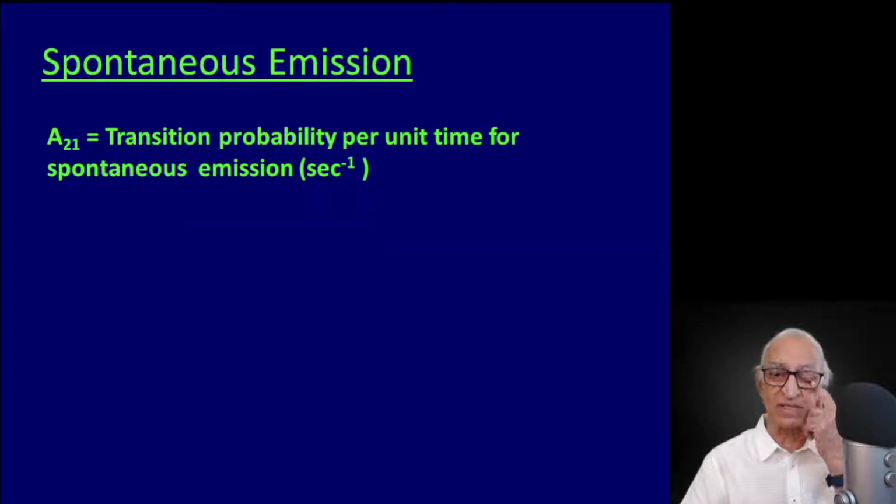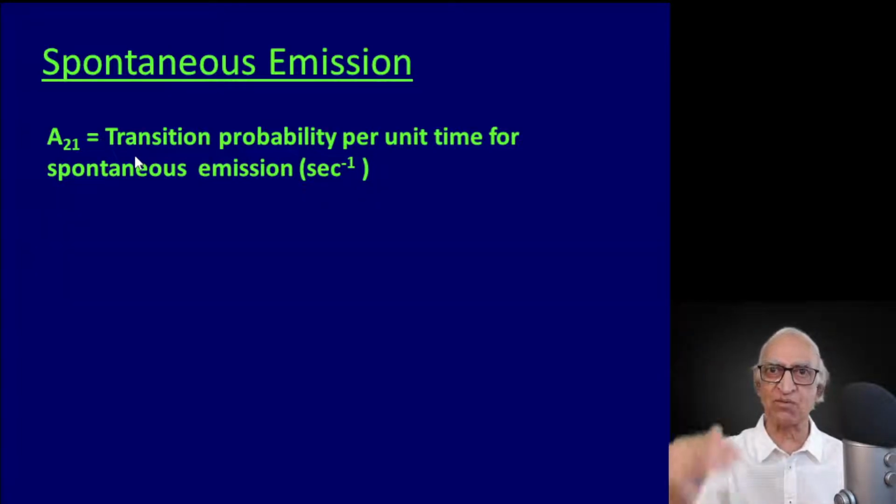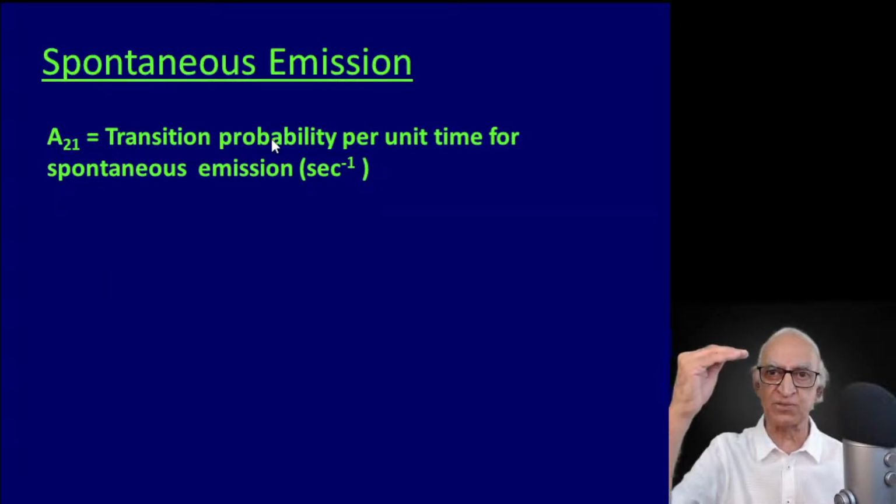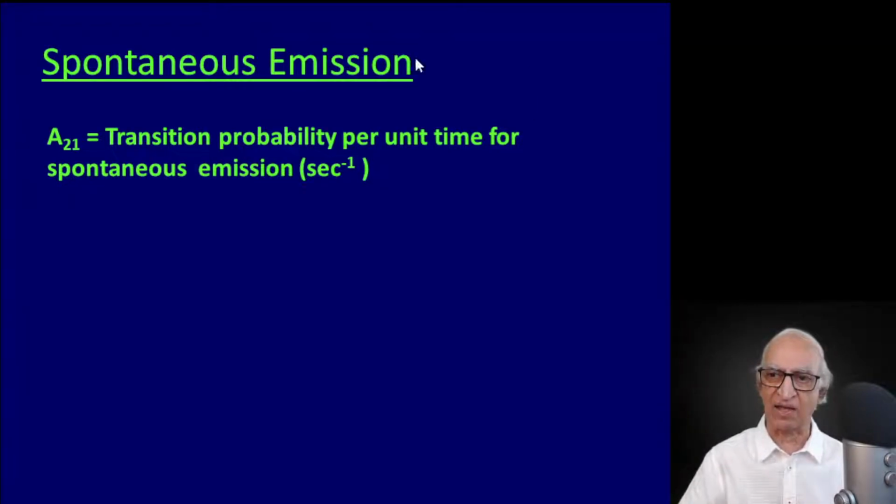And what quantum mechanics tells you is that A21 is the transition probability per unit time for spontaneous emission. In quantum mechanics, please remember, nothing is stated with certainty. You can only give a probabilistic distribution for absorption or emission or scattering or anything you like. So Einstein's A coefficient is related to the spontaneous transition probability from level 2 to 1 per unit time.